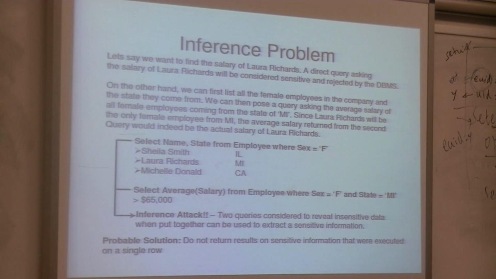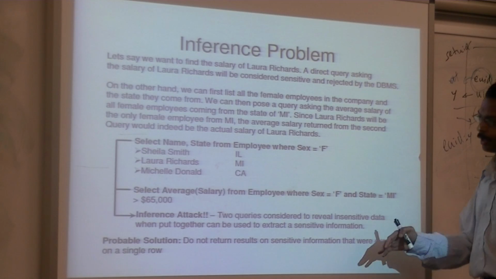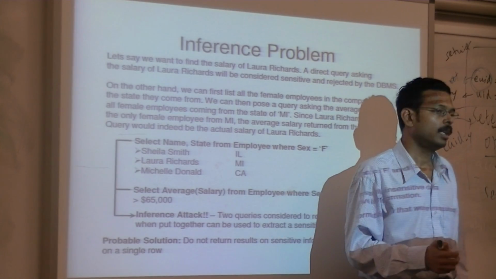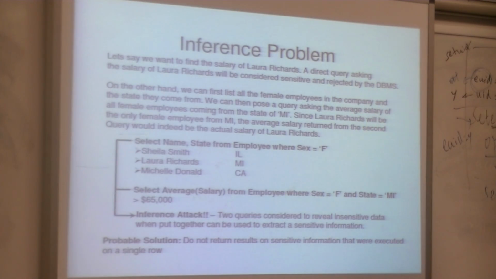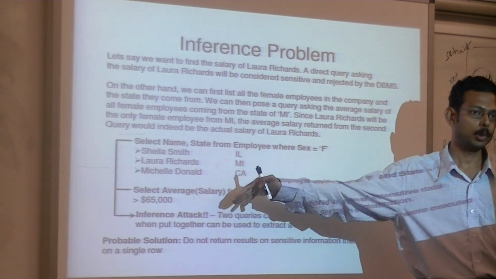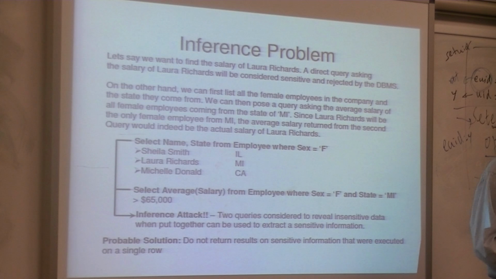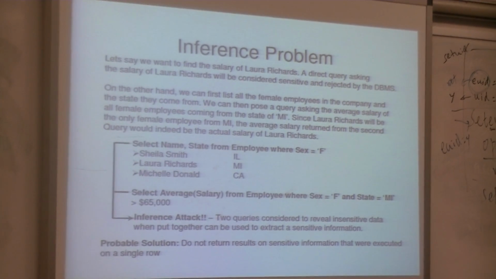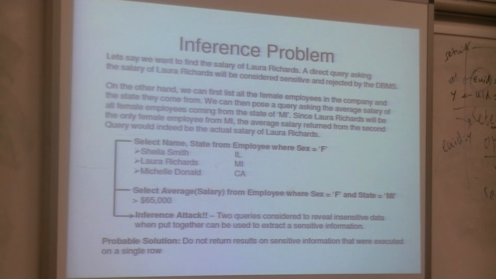You see what the problem is? You can launch some queries which appear to be very statistical in nature, which you think may not reveal any personal information, but when you put together the results, you will be able to infer or gather some sensitive information on a particular person.